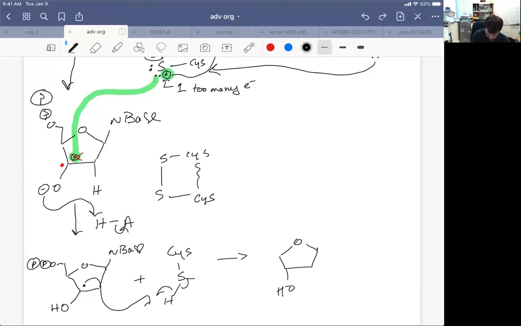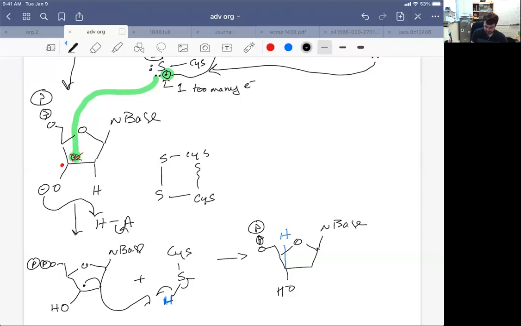Let's show that in blue. Okay. There's our deoxygenated nucleotide diphosphate.